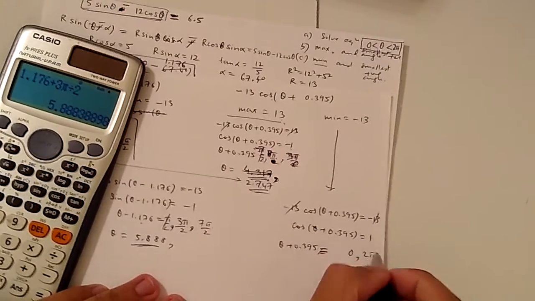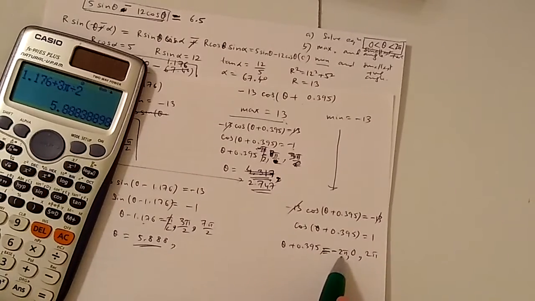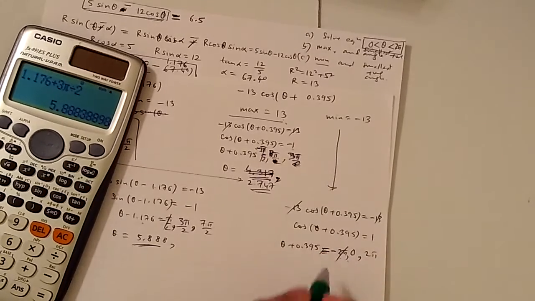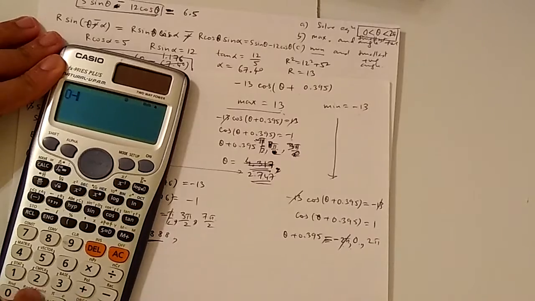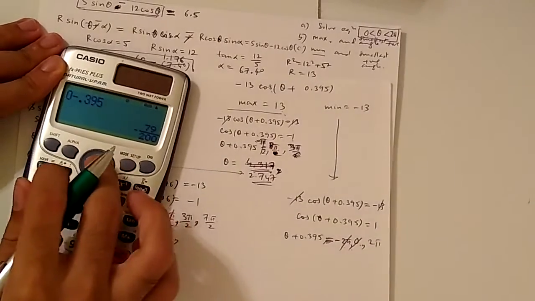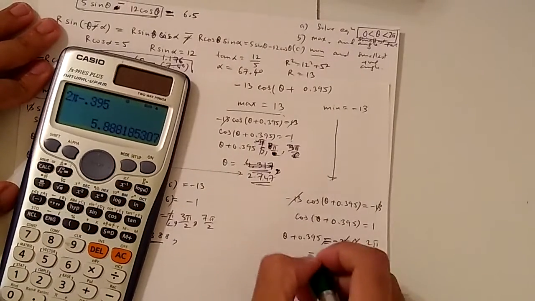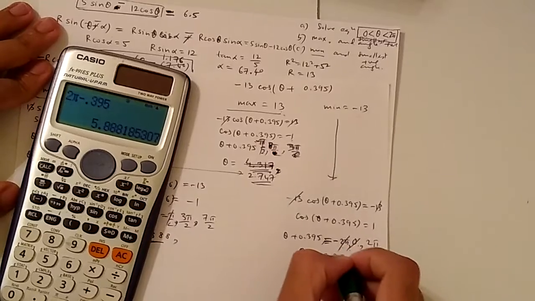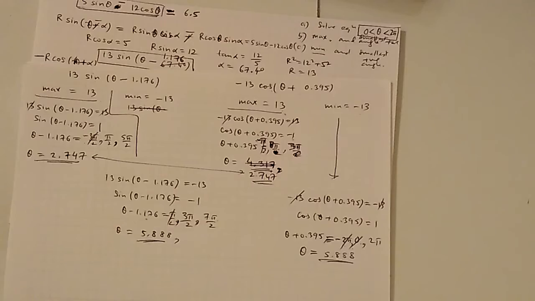Then you add 2 pi to this, you subtract 2 pi to this, you have 3 answers. Now the subtracted answer is negative, so it cancels out. Let's talk about 0. Okay, so 0 minus 0.395 is still negative, so that answer also cancels out. Now let's talk about 2 pi. When you have 2 pi, the answer you get is theta is equal to 5.888, and that is the smallest positive number for the minimum of the entire function.